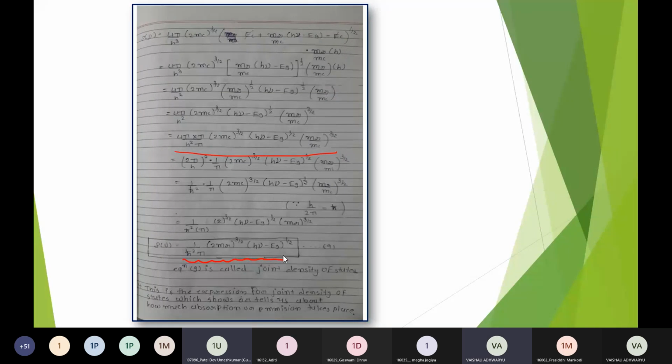Do we come to know how many absorption processes or how frequently the absorption process would occur? Can we judge it by using equation number 9? Equation number 9 shows what? What is that rho nu? Density of states, joint density of states.